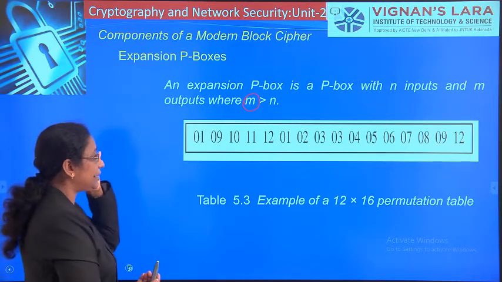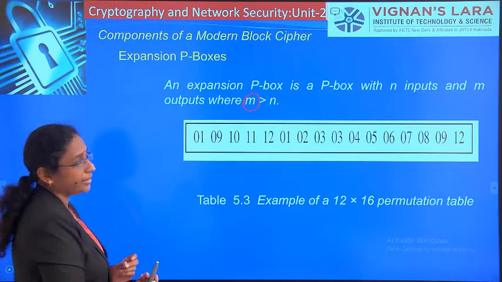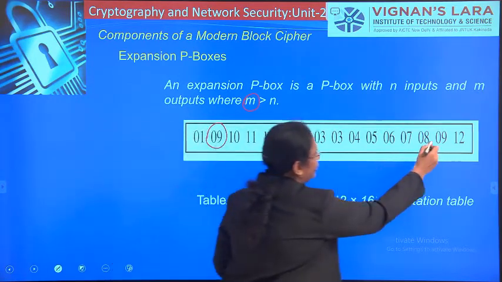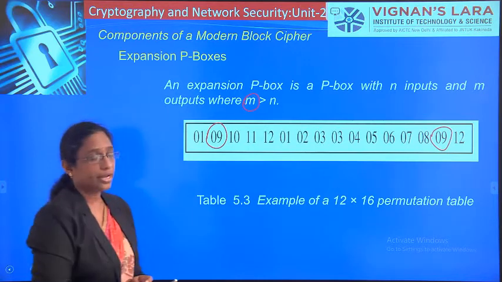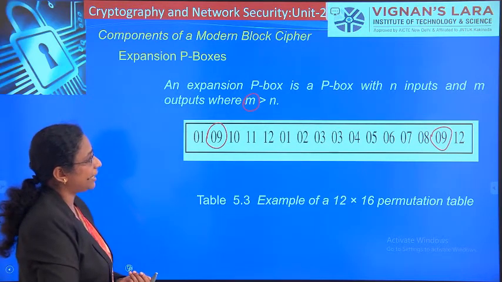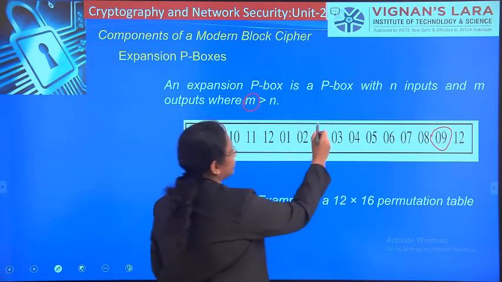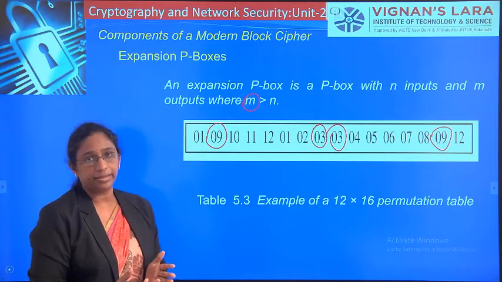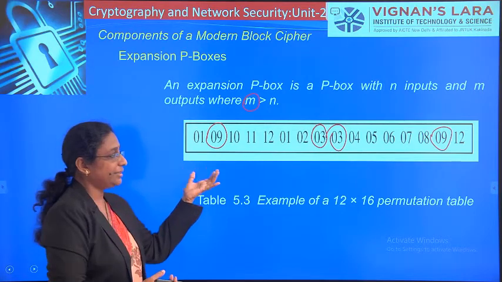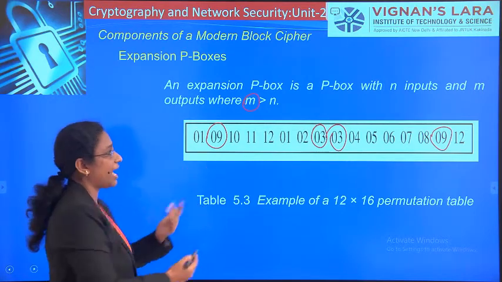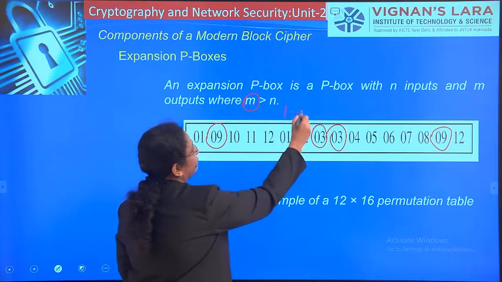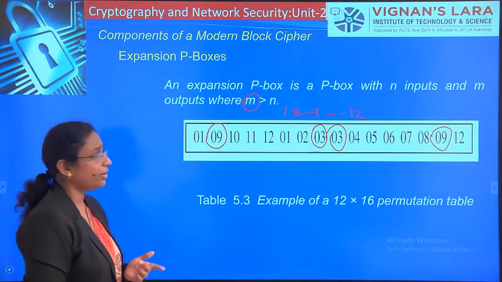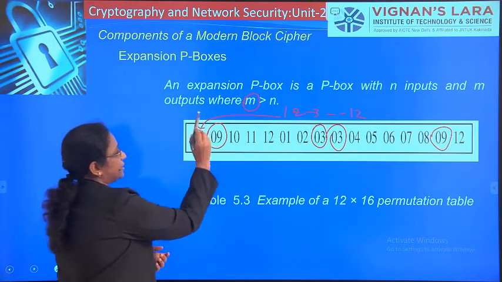If you see here, there are repetitions. The 9th bit is repeated 2 times, and similarly the 3rd bit is also repeated 2 times. In this way, by repeating bits, you will be expanding. After mapping through this expansion box, if you have 12 bits, the first bit will be the first bit only.